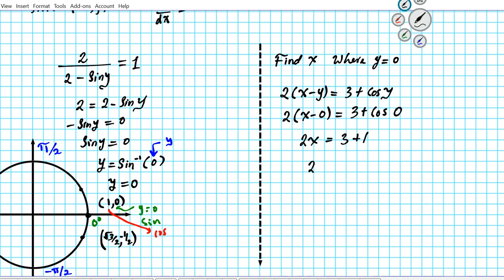And then we have 2x is equal to 4, and then divide both sides by 2, x is equal to 2. Okay, so the point where the slope of a tangent line is 1 has coordinates 2, 0. 2 for the x and then 0 for the y.